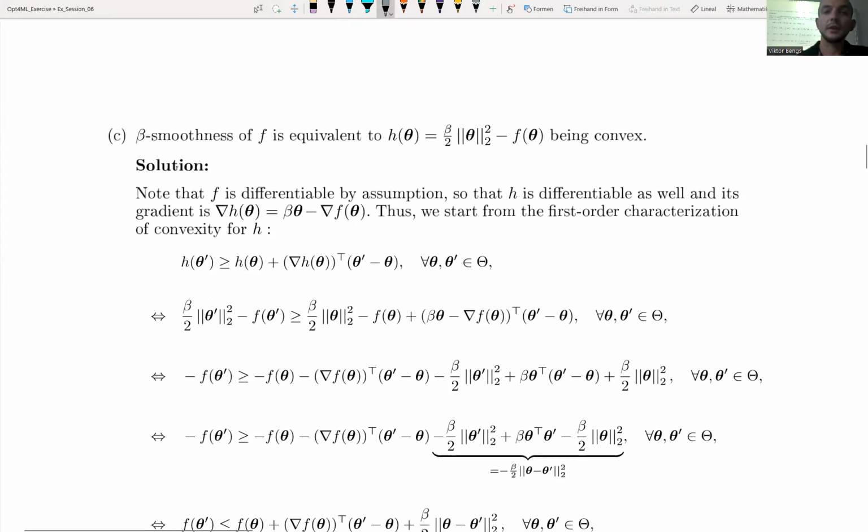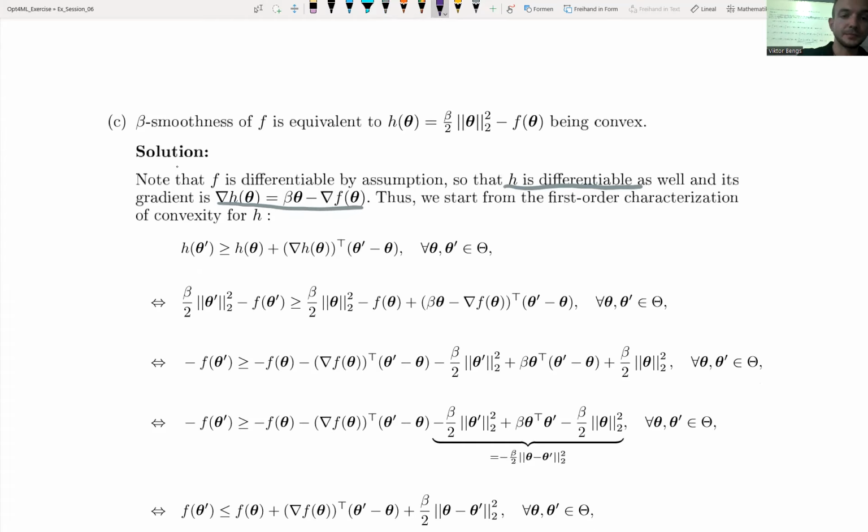So first of all, h is differentiable, obviously, same argument as before. F is differentiable, squared Euclidean norm is differentiable. We can compute the gradient. Gradient, very similar to as before, beta times theta minus the gradient of f. And once again, we start with that h is convex. We know that h is also differentiable.